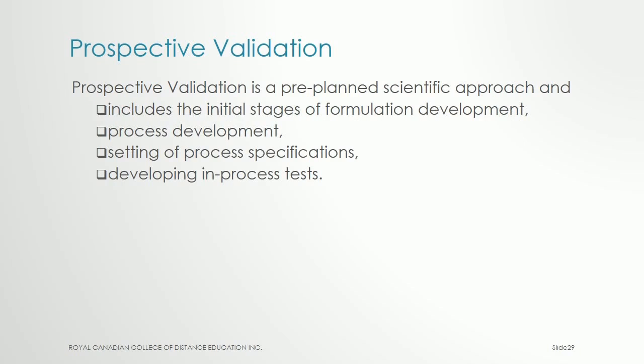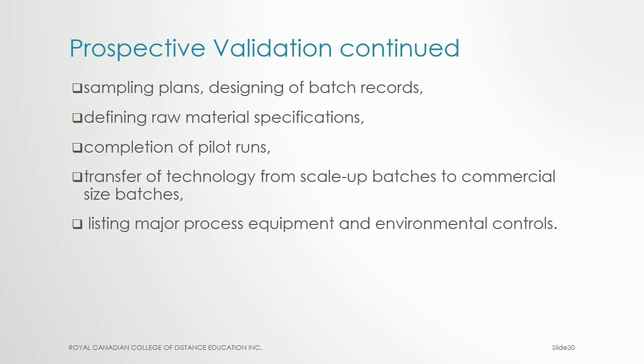Prospective validation is a pre-planned scientific approach and includes the initial stages of formulation development, process development, setting of process specifications, developing in-process tests, sampling plans, designing of batch records, defining raw material specifications, completion of pilot runs, transfer of technology from scale-up batches to commercial-size batches, listing major process equipment and environmental controls.